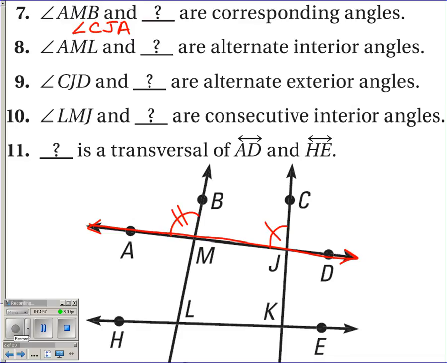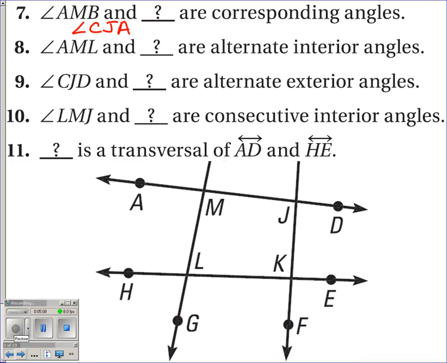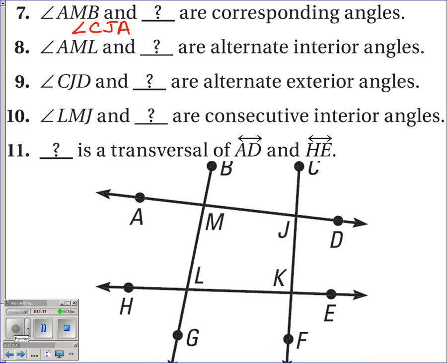But let's take a look at this other scenario, and I'll have to bring this up just a tad. That's good right there. Here's angle AMB again. But now if we start going down this other transversal, say BG, and instead of going across left to right, let's go down.